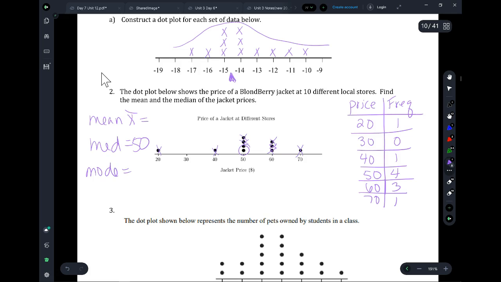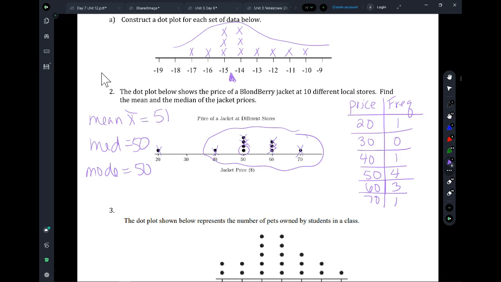That's the one that has the highest stack, so that is definitely our mode. But once I average these out, the average ends up being 51, because more jackets are a little bit more expensive. Most of the data is up on this end, so it's tipping the mean a little bit upward.